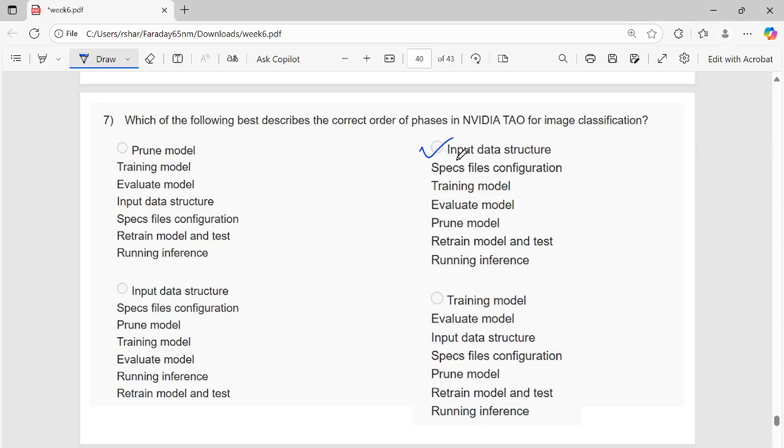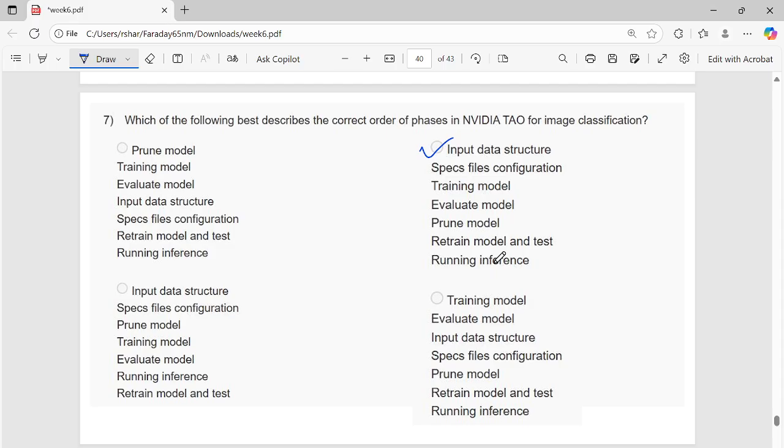Okay, the correct answer is input data structure, spec file configuration, then training the model, then evaluating the model, next pruning the model, next retraining the model and testing, and then running the inference.